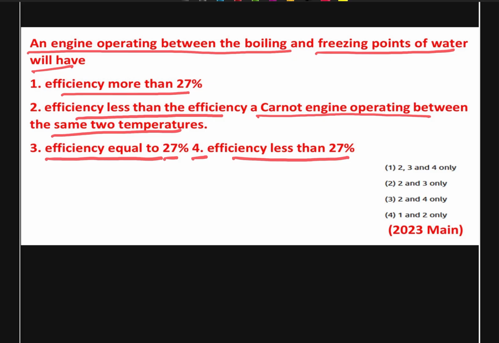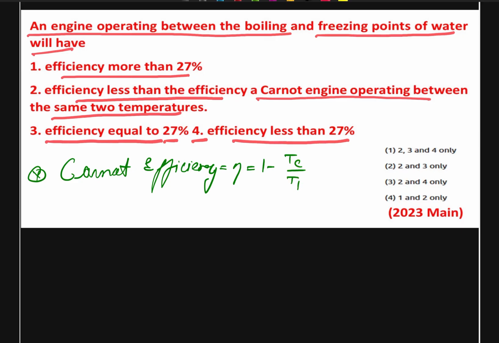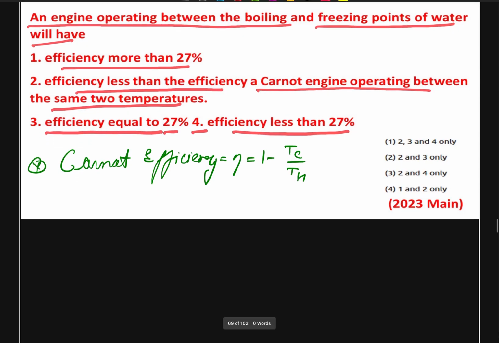So let's find out what will be the efficiency of our Carnot engine. We know that our Carnot efficiency, eta, will be equal to 1 minus T_C upon T_H, and it is between freezing and boiling point.